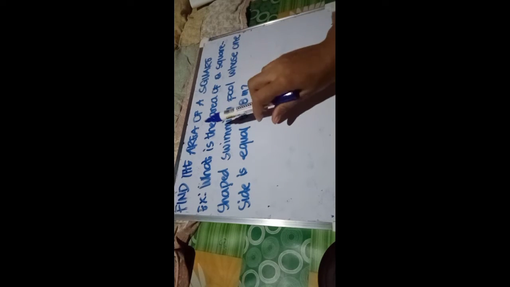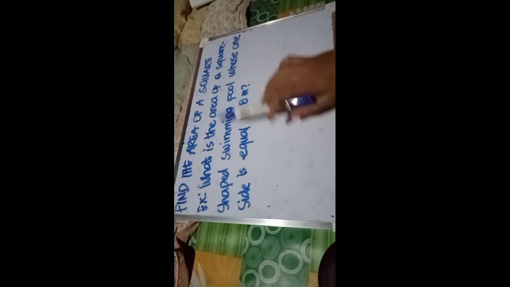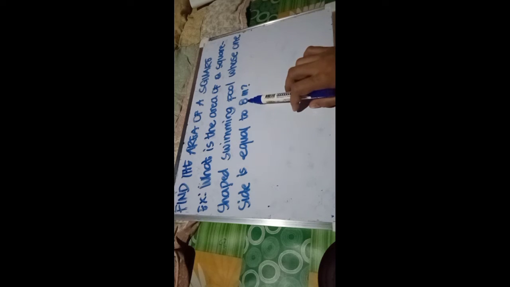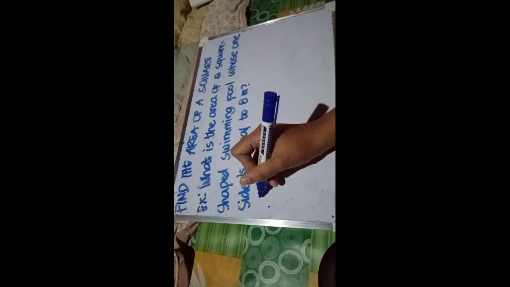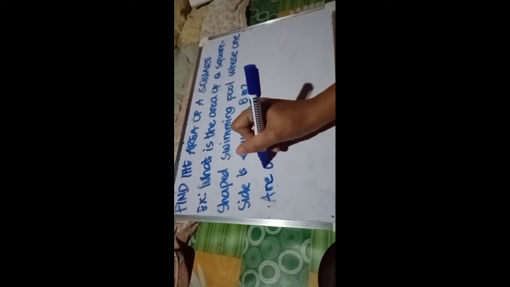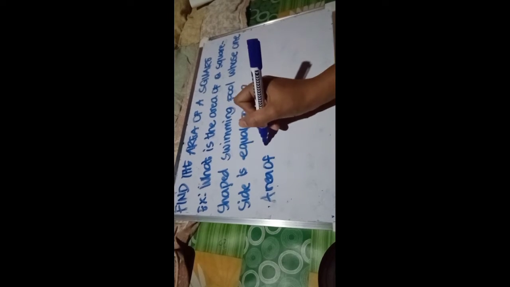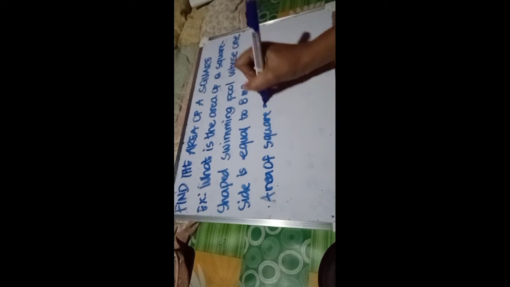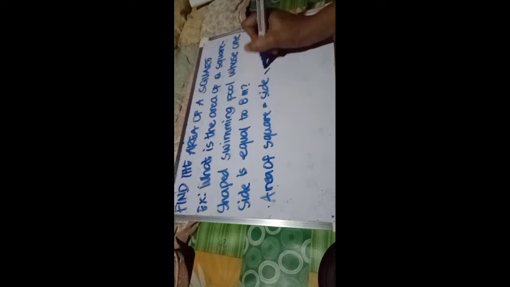What is the area of a square-shaped swimming pool whose one side is equal to 8 meters? We know that one side of the swimming pool is 8 meters. So we will use the formula area of square equals side times side.